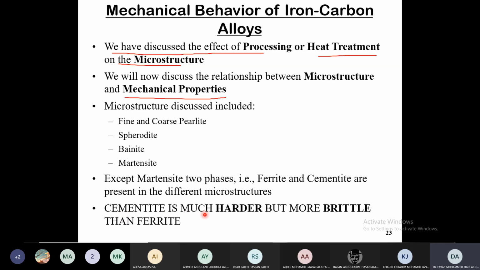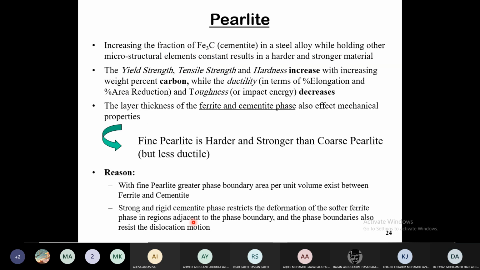Cementite is a very hard compound. It is much harder but also more brittle than the ferrite phase. So addition of the cementite makes the pearlite phase harder and stronger as well, but also reduces its ductility.